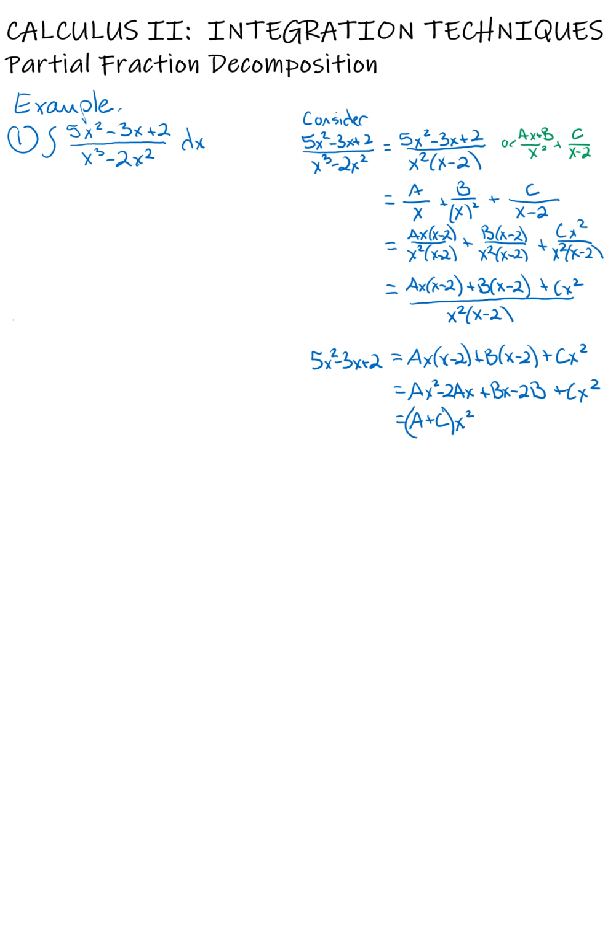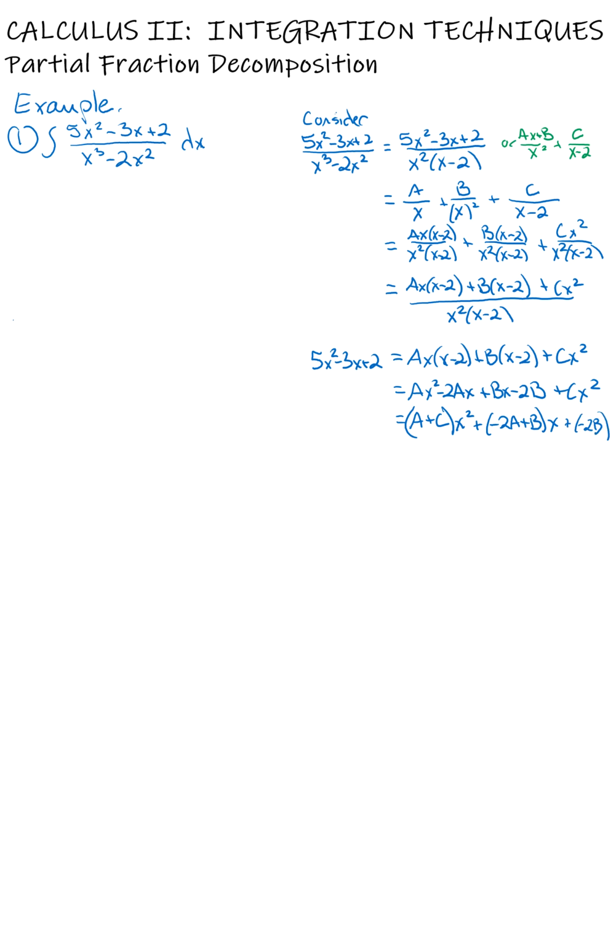We have a negative 2Ax and a Bx, so we can combine those. That gives us negative 2A plus B for the coefficient of x. Again, notice I kept that negative inside here and a positive on the outside of that group. Don't want to lose those negatives. And finally, the only constant we have is negative 2B, so that's going to be here at the end.